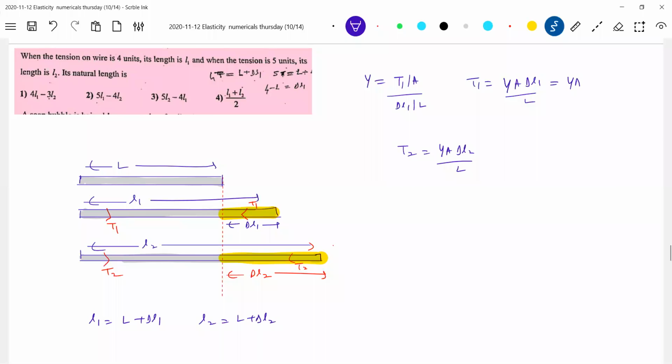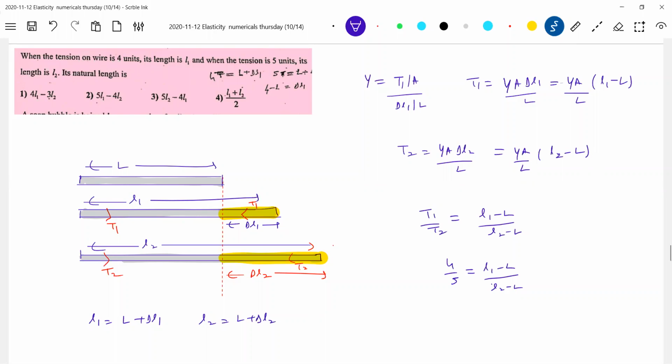Let's substitute YA by L. What is delta L1? L1 minus L, and T2 should be YA by L times L2 minus L. So dividing these two, T1 by T2 should be equal to L1 minus L over L2 minus L. T1 by T2, we know 4 units and 5 units, so 4 by 5 equals this.